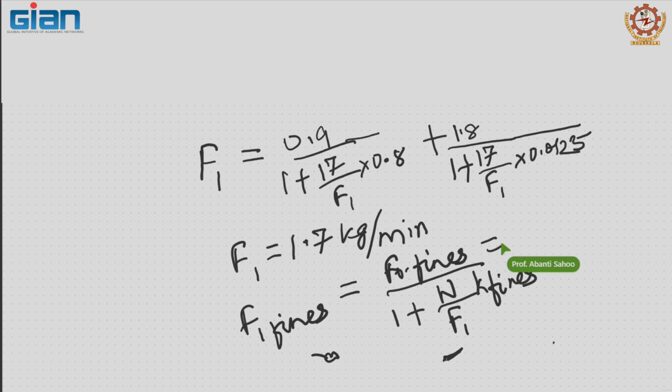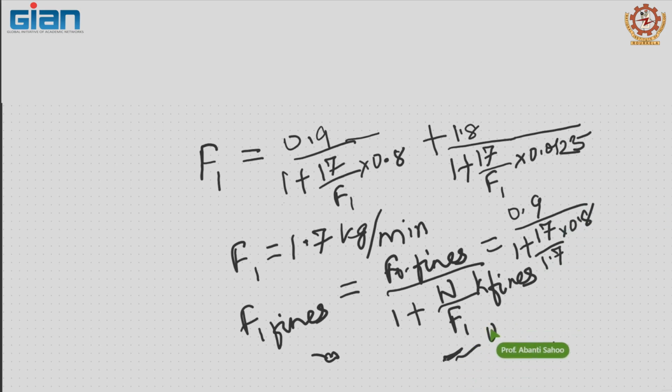Now, only for fines, we substitute F0 of fines, which is 0.9, divided by 1 plus 17 by F1, which is 1.7, into K of fines, which is 0.8. So, this is coming as 0.1 kg per minute.